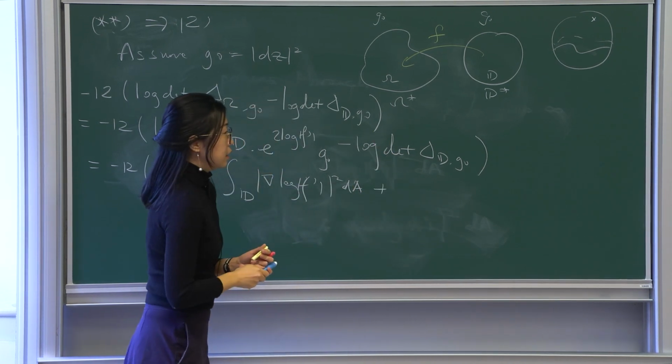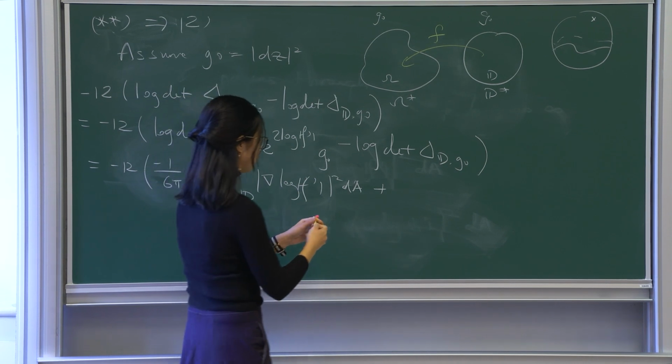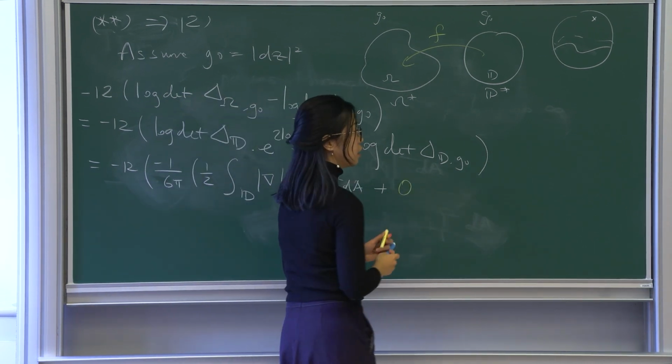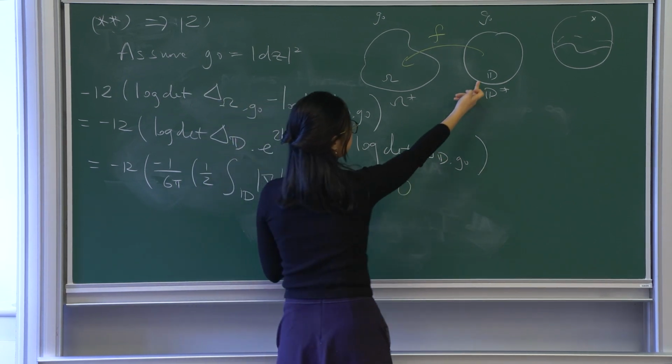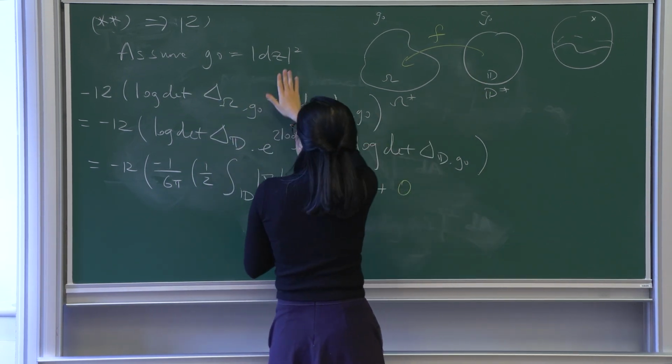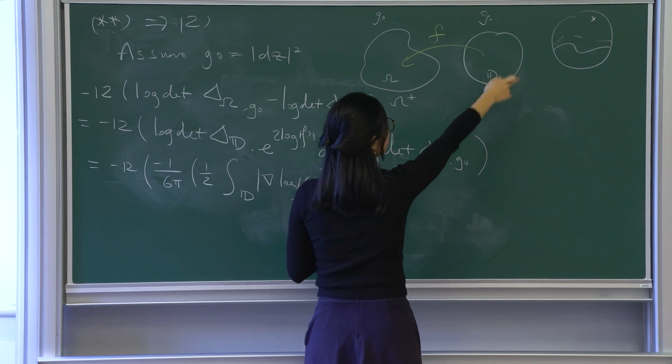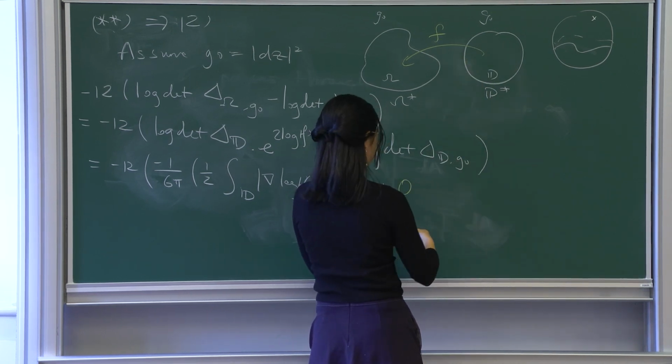Okay, next term, the Gauss curvature, this is 0. The next term, the geodesic curvature. Now the geodesic curvature of this flat Euclidean metric of the unit disk on the circle, this is 1.